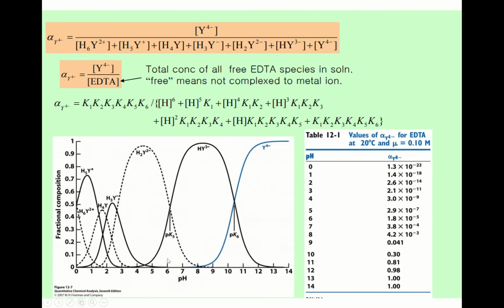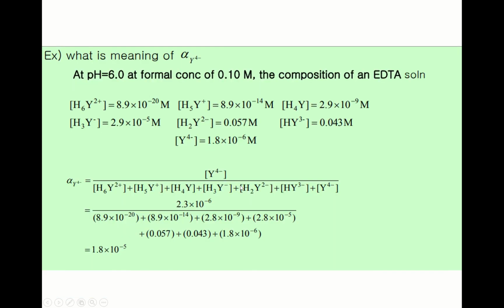Which one is the most abundant at pH 6? Maybe H2Y2 minus and HY3 minus. These are the most abundant species. H2Y2 minus is 0.057 molar, very large, and this one takes 0.043 molar.